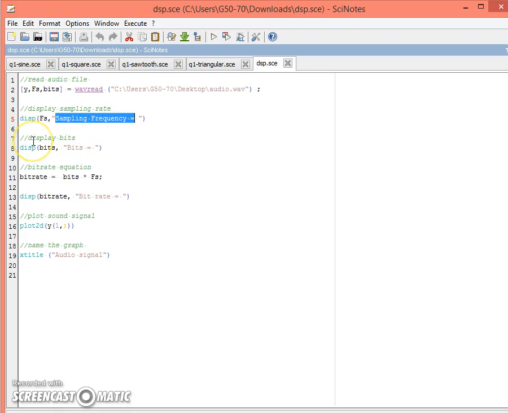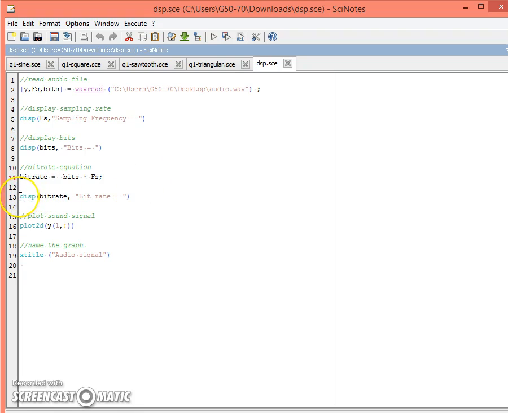Next we need to display the bit rate. First of all, I display the bits per sample first, using the same command disp. The bit rate is equal to the bits per sample times the sampling frequency.